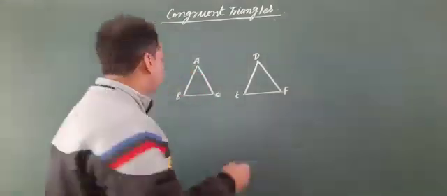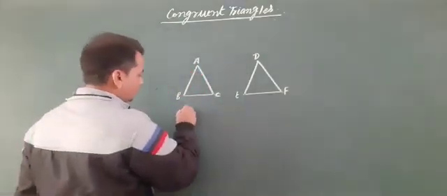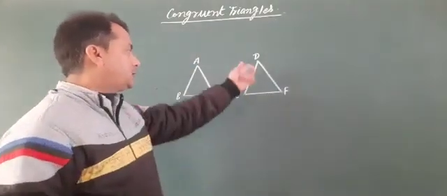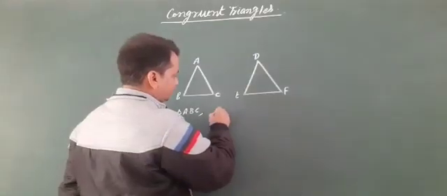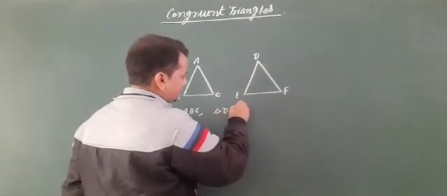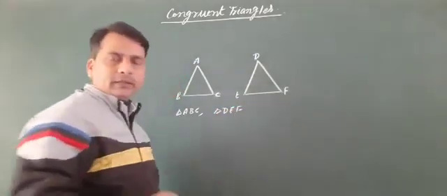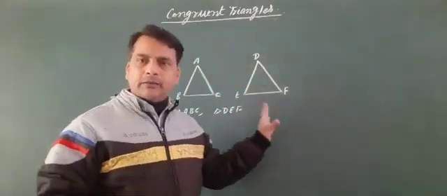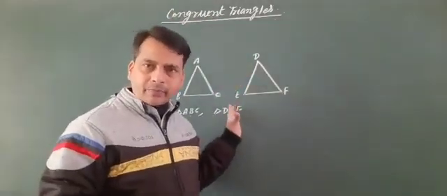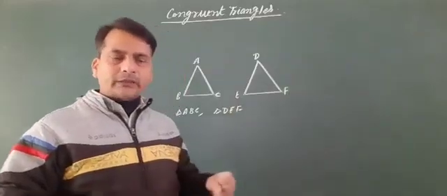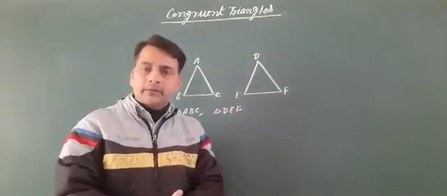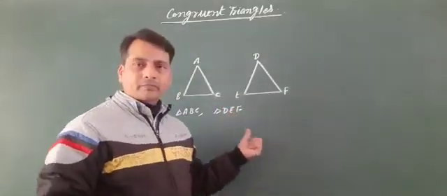The first triangle is ABC. Now another triangle, that is DEF. The shape of both figures is a triangle. Next, the size of both triangles is the same.